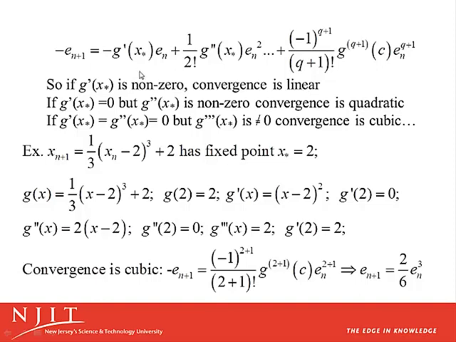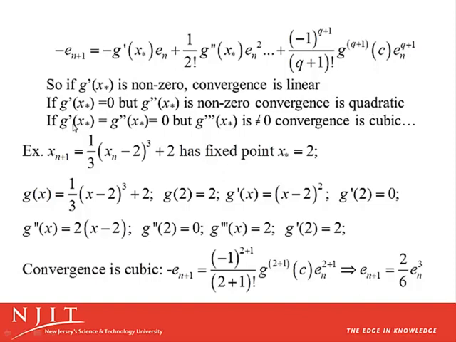If q is 1, then what we have is g prime at x star is 0, and we have g double prime at x star is not 0. So if q is 1, we plug that in over here, and we have that the new error is related to the second derivative of g times the previous error to the 1 plus 1, or the previous error squared, and convergence is quadratic.